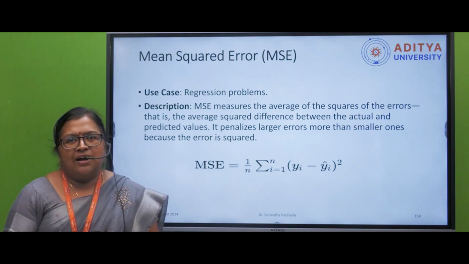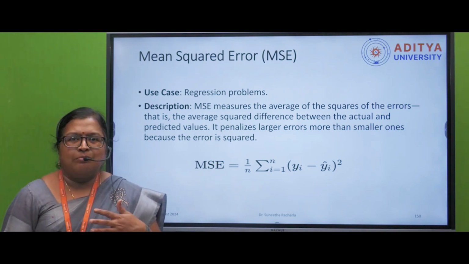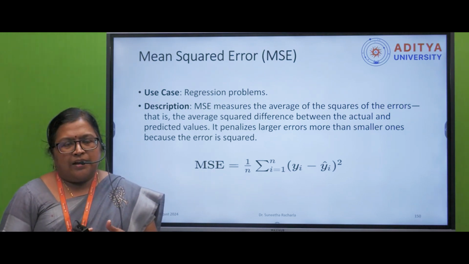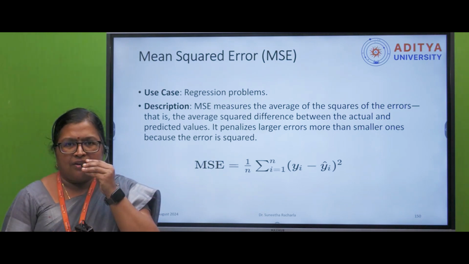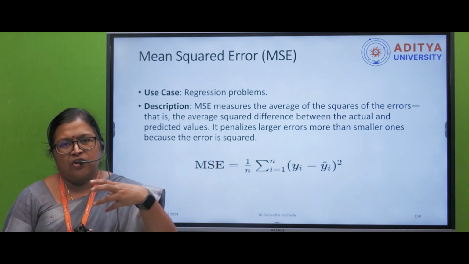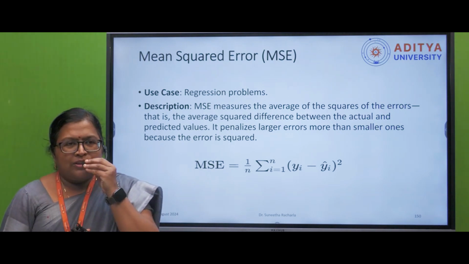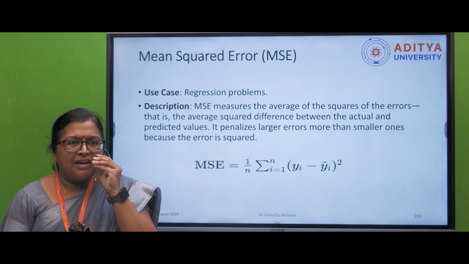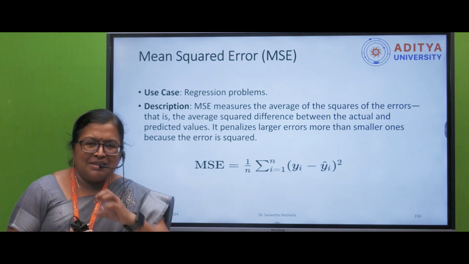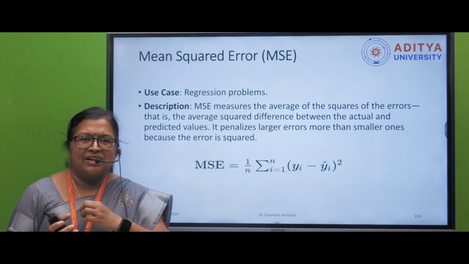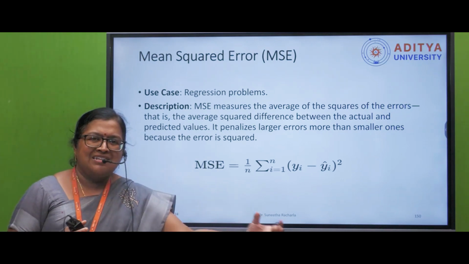Just think you are a chef making some dish, and you have different types of customers who check the quality of your food. MSE normally considers only the large errors.